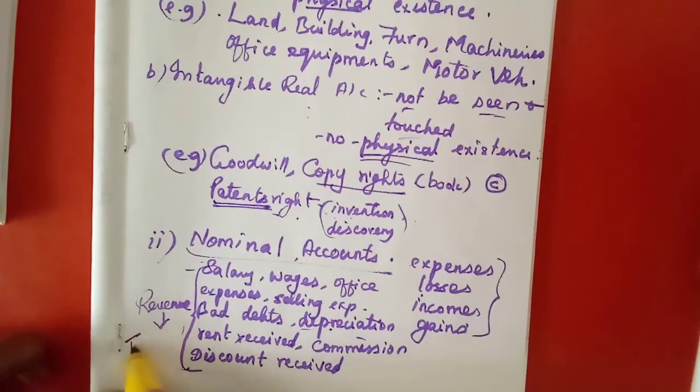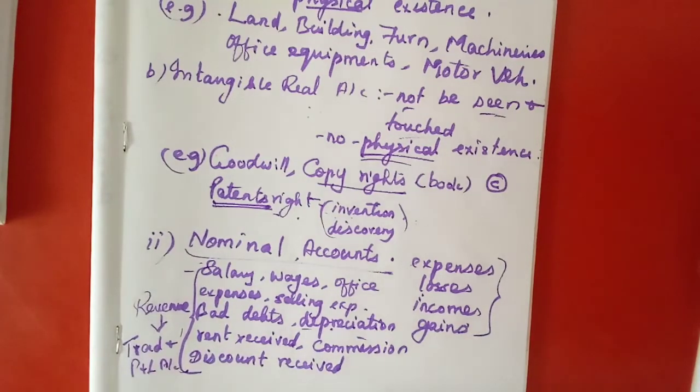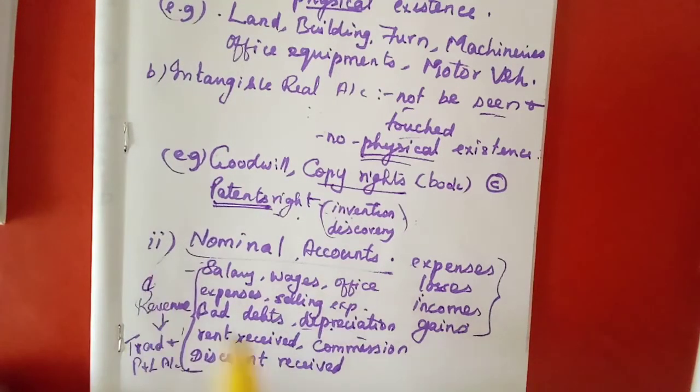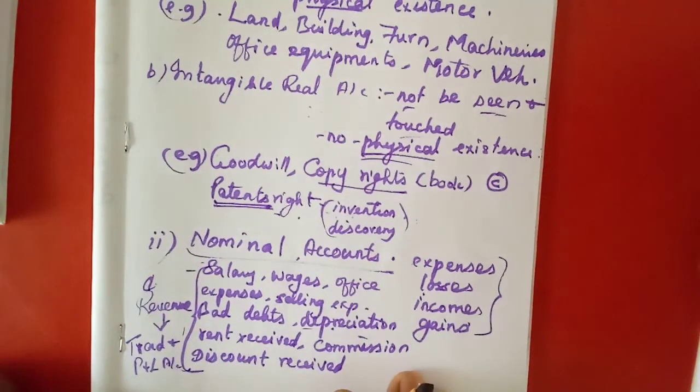In the trading and profit and loss account. Trading and profit and loss account you will learn later. Revenue items and capital items, the opposite one, you will learn in one chapter, in the 8th, 9th, 10th chapters. There you will learn.